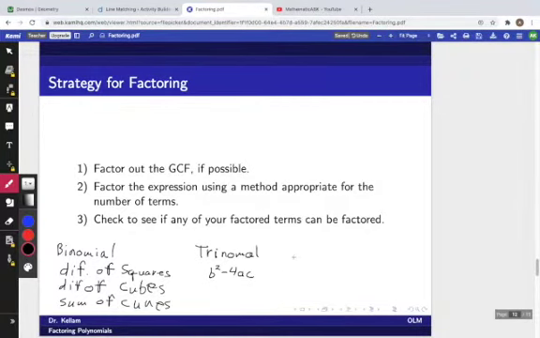And then the last one would be if we have 4 terms, and we check to see if it might be a perfect cube.